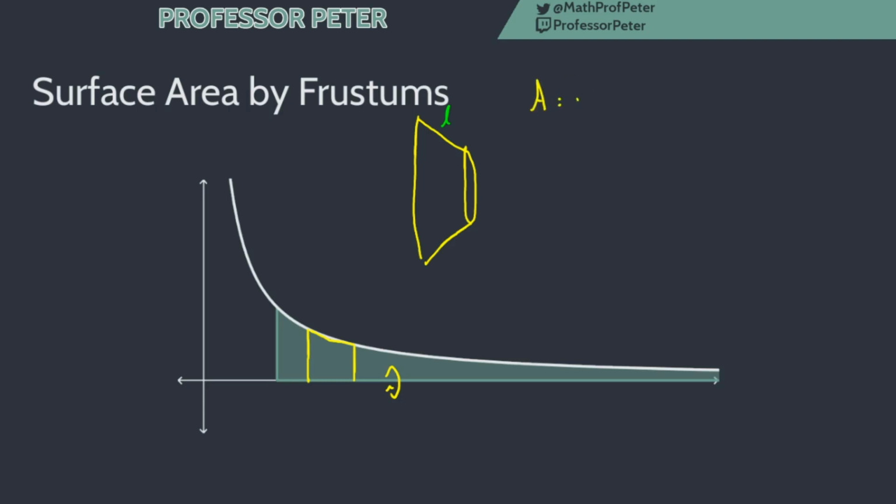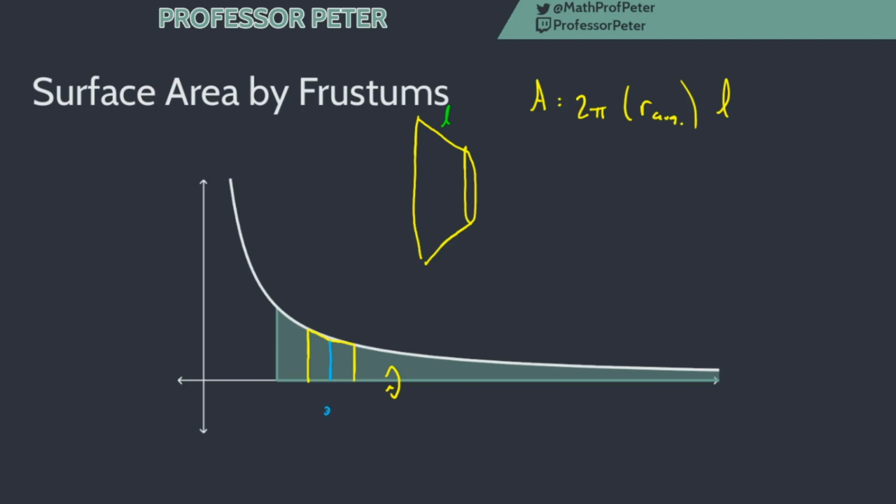This is going to be 2 pi times, maybe I'll say r average, because it's actually the average radius here, times our length, and that's our diagonal length here. What we mean by the average radius is it's the small radius plus the big radius divided by 2, or what you can think of is it's the radius right in the middle.